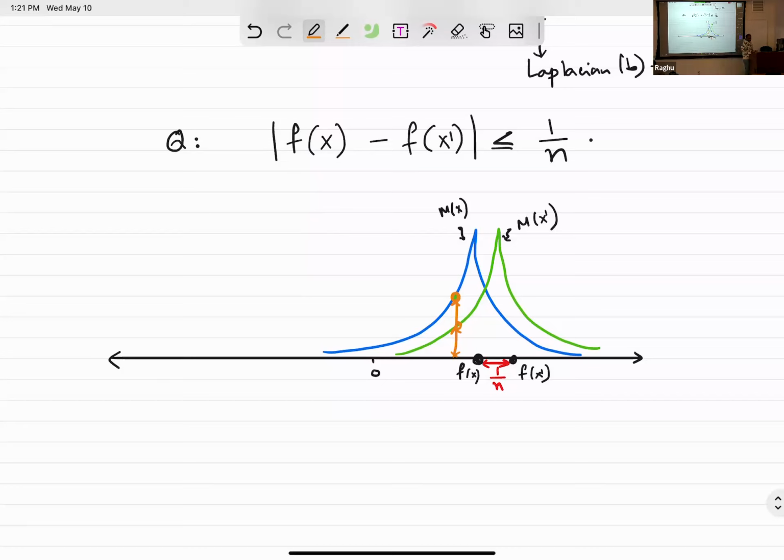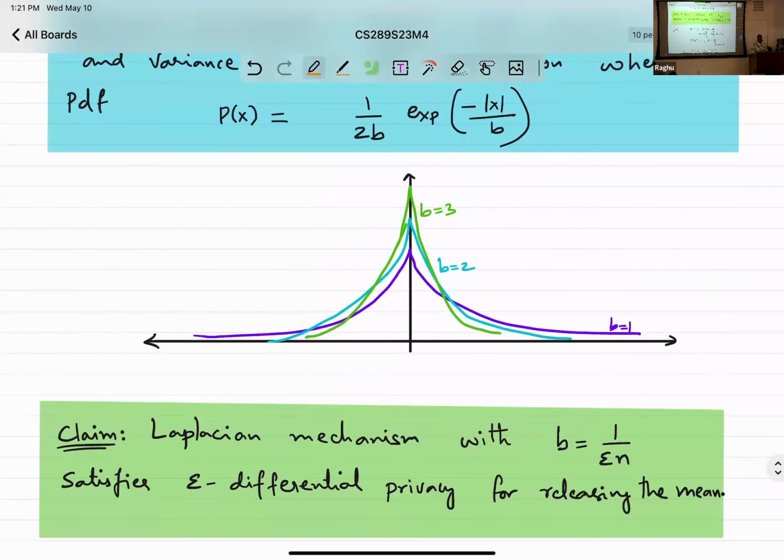And that's what we are trying to do. Intuitively, the reason the Laplacian mechanism works is when I shift it a little bit, the heights don't change much. It's decaying exponentially, but not fast enough that when I shift it a little bit, you'll be able to tell the difference.